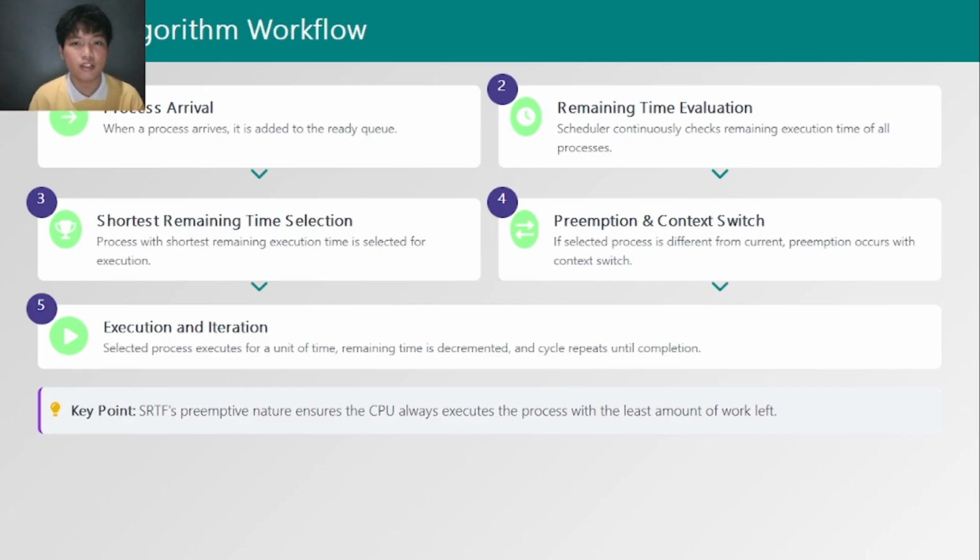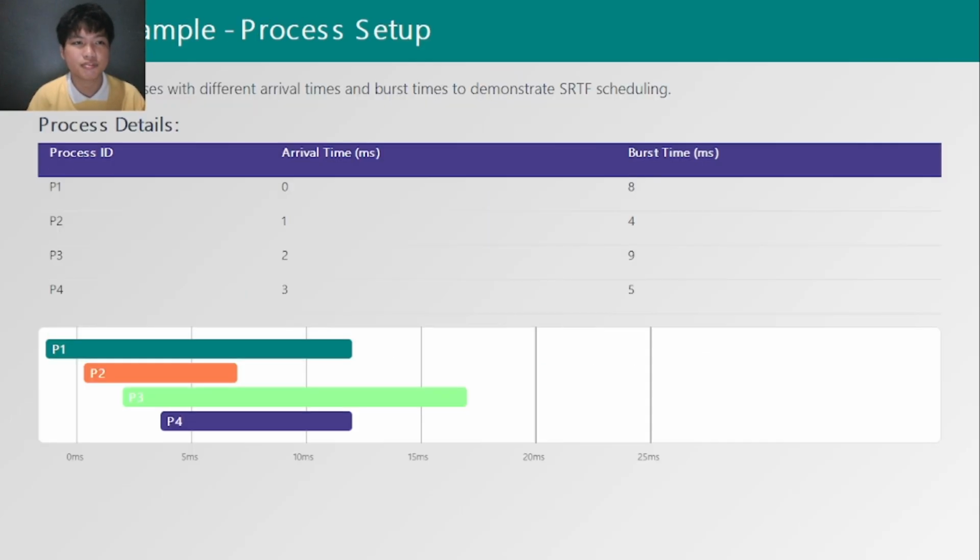So that is how the SRTF algorithm works: process arrival, remaining time evaluation, shortest remaining time selection, preemption and context switch, and finally execution and iteration.